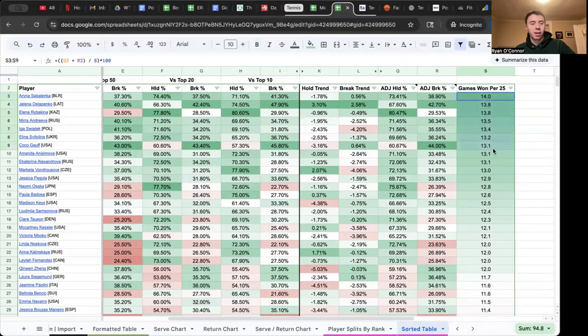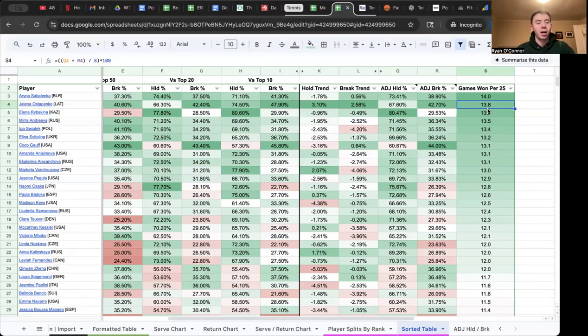I think the biggest shocker is Ostapenko, and I know she's inconsistent at times, but there's some promising data there. So we'll see how that actually plays out in the 2026 season. But everyone else isn't overly surprising, right?